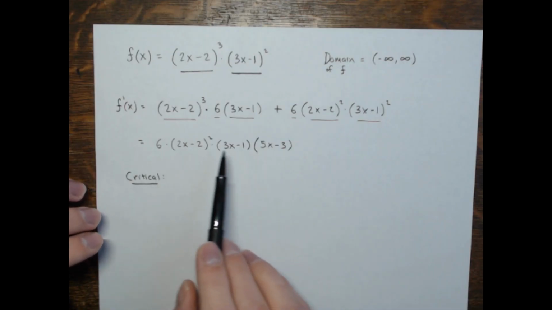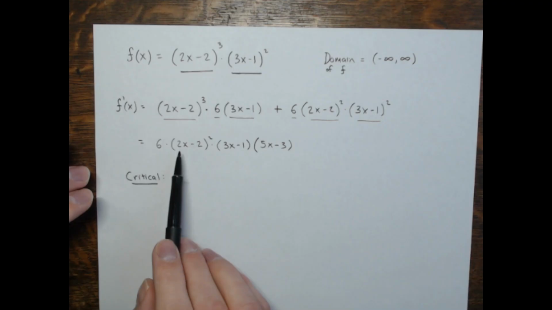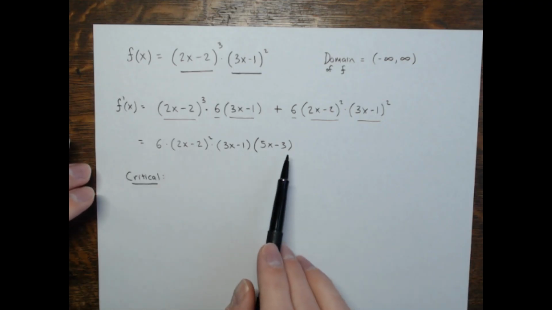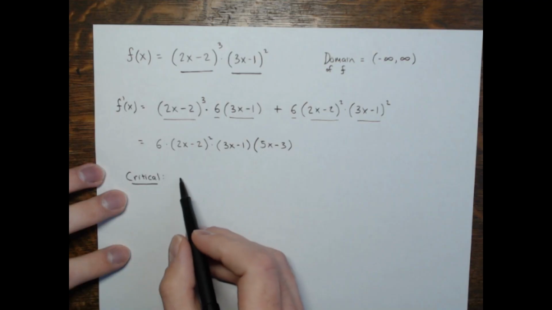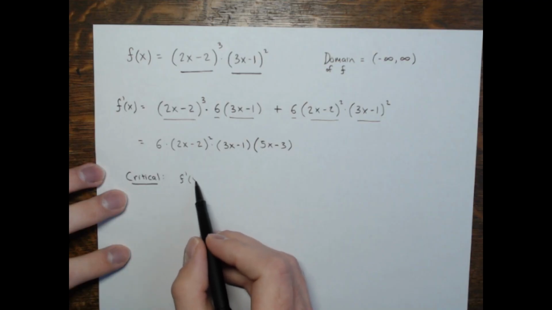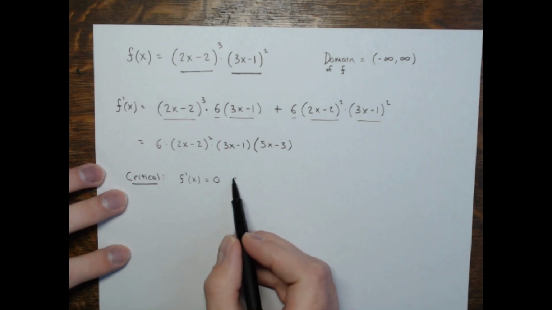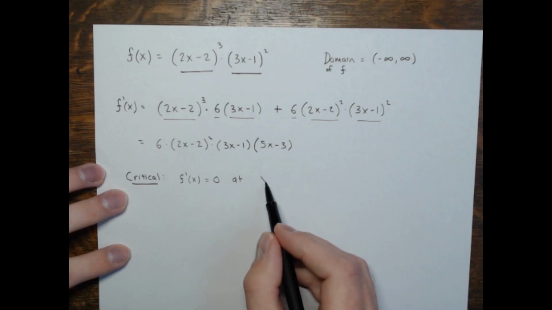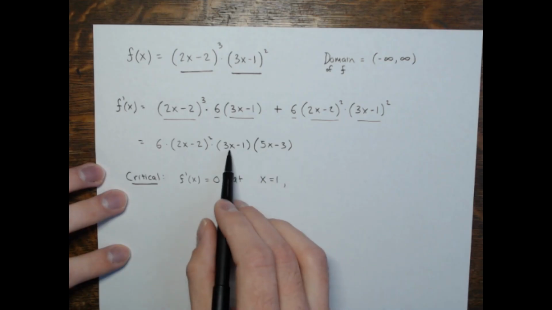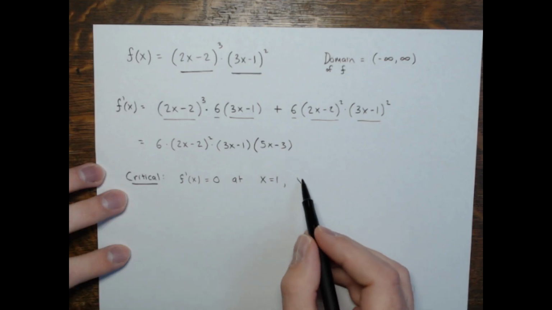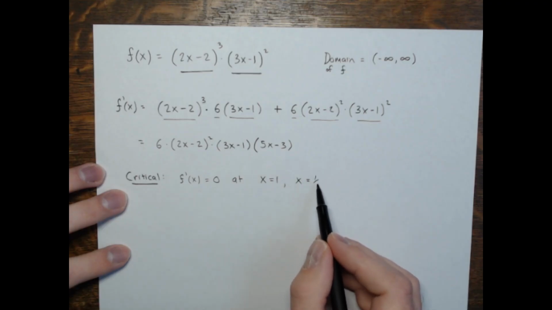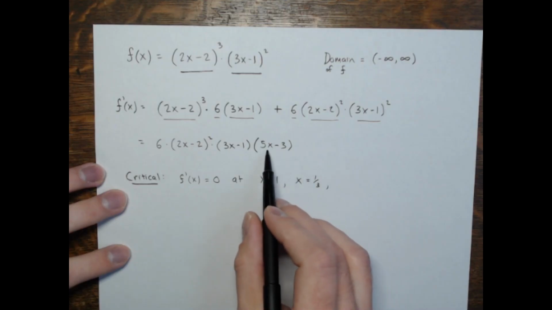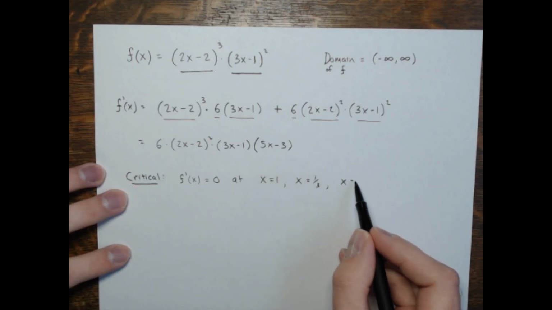Now it's never going to be undefined, it's still a polynomial, but it will be 0 at multiple places. So the derivative will be equal to 0 at x equals 1 for this first factor, x equals a third for this next factor, the 3x minus 1, and x equals 3/5.